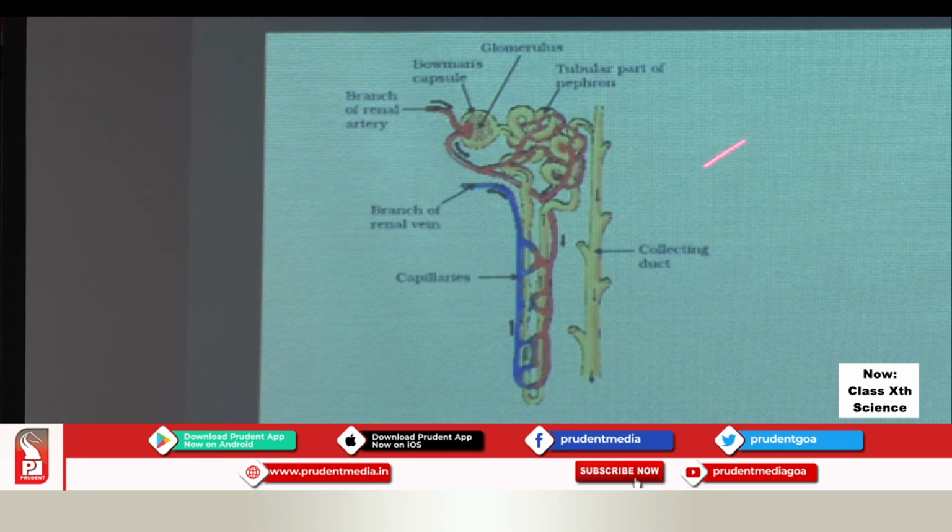There will be other nephrons and they will also send urine here. So, collecting duct will collect the urine. Now, renal artery will bring blood in which urea is present, in which nitrogenous waste is present.